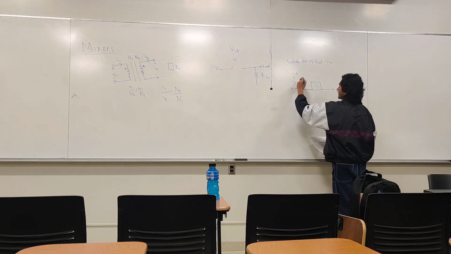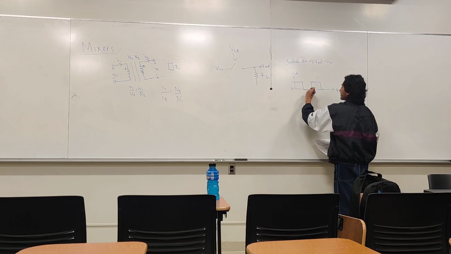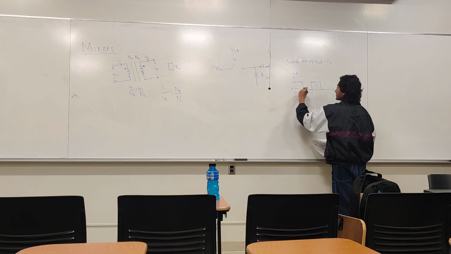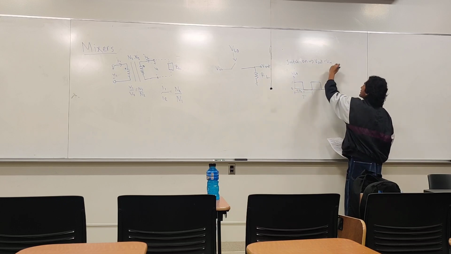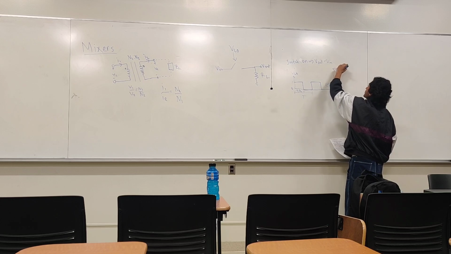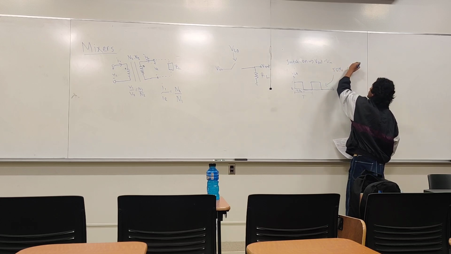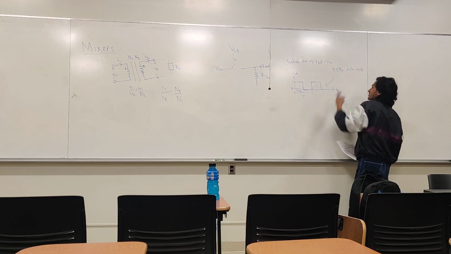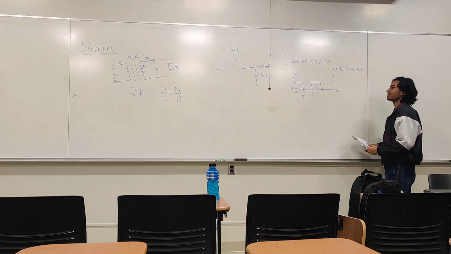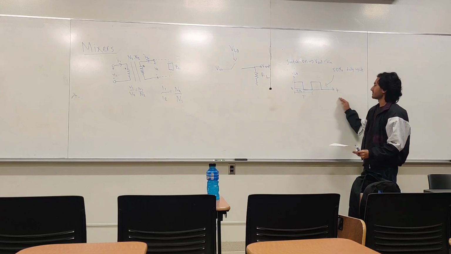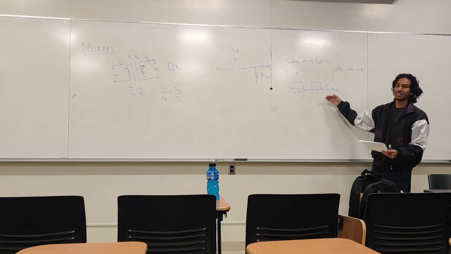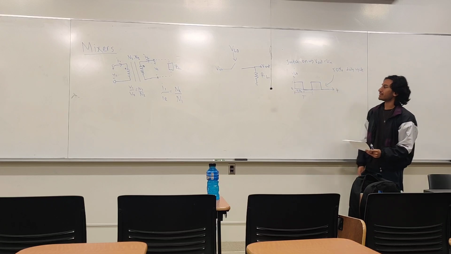So it goes on, and it goes off, and if this whole period is T, this is going to be T over 2. So 50% duty cycle. As for why we like 50, it's a bit more complicated, but for the time being, assume it's on half the time, off the other half the time, okay?